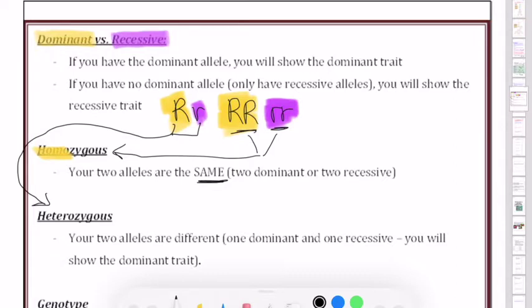Heterozygous means that your two alleles are different, so one dominant and one recessive, and you will show the dominant trait. So even though this one right here is big R, little r, you're going to show whatever the trait is that's big R, because you've got that dominant trait.